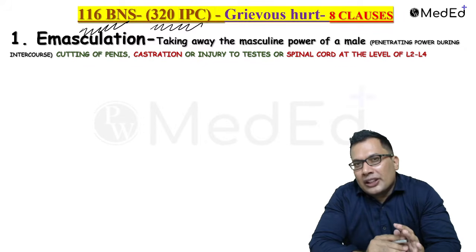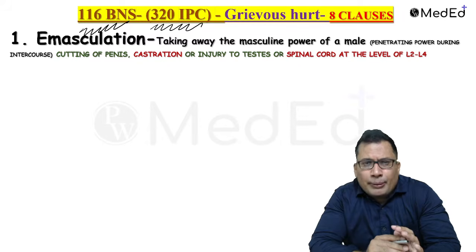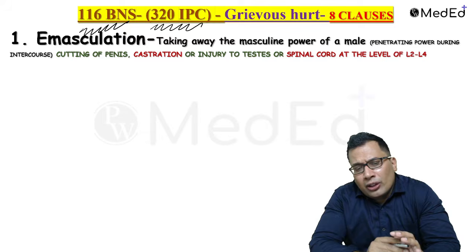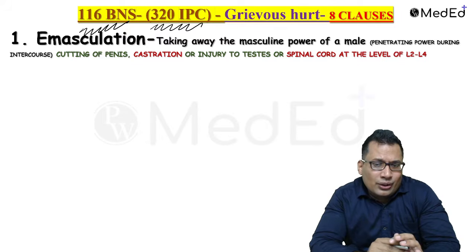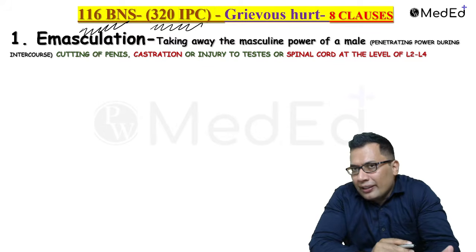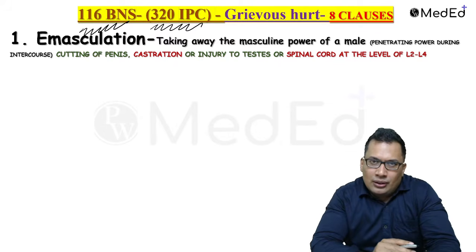What do you mean by emasculation? Taking away the masculine power of a male, that is penetrating power during intercourse. So the loss of masculine vigor in a male is known as emasculation. It is applicable only to males.